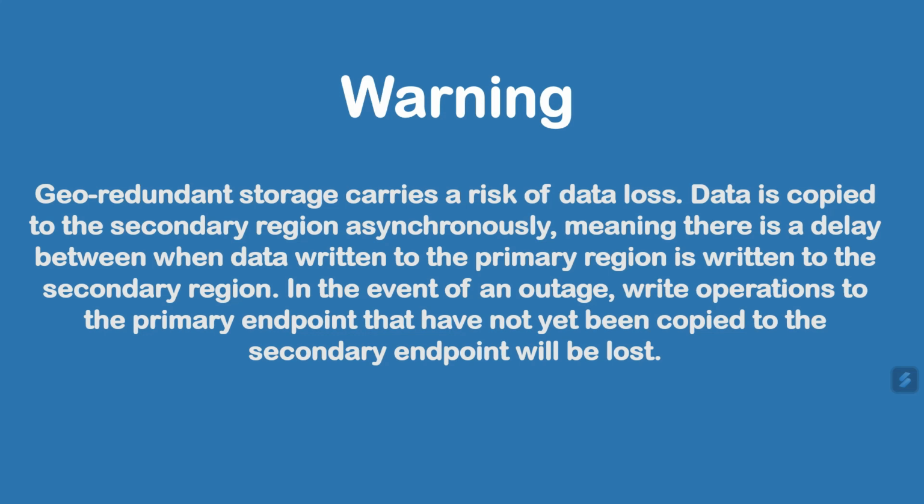In the event of an outage, write operations to the primary region that have not yet been replicated to the secondary will be lost. Although there is a way to decide what will be lost and what won't be lost, and it is the sync time that I'll be talking about later.